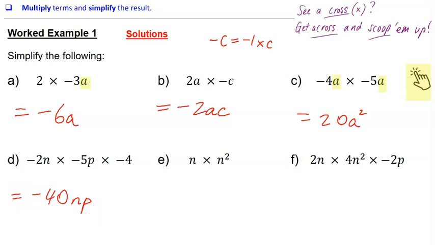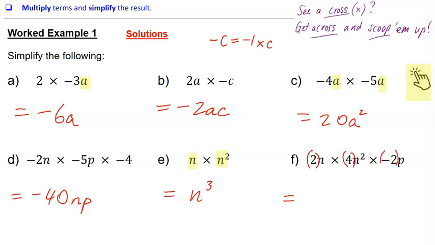Part E. There's no numbers. Aha, but there's a secret 1 times 1. Remember? So let's just count the letters. 1, 2, 3, written as base N, index 3. And part F, numbers first. 2 times 4 is 8, times -2.